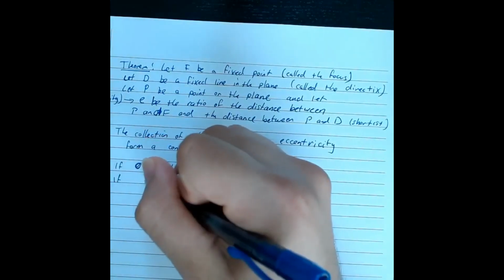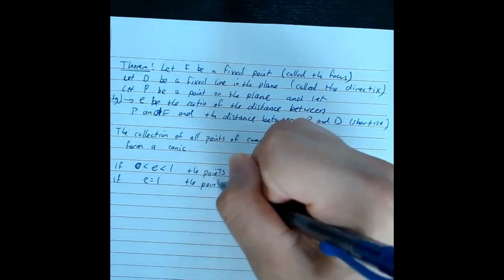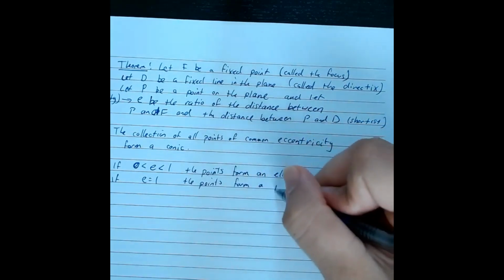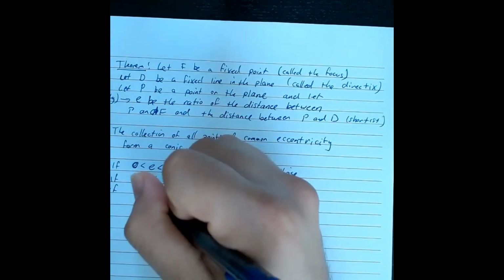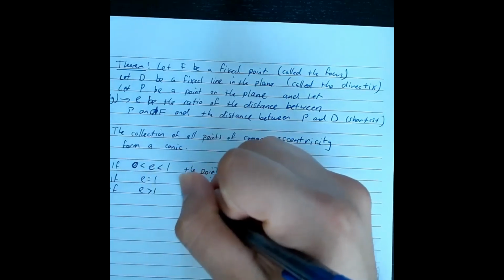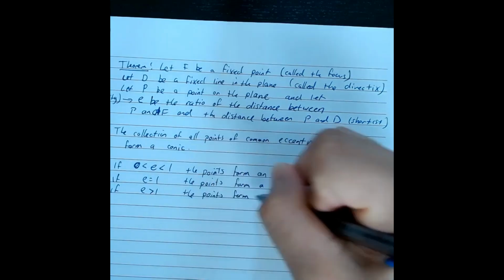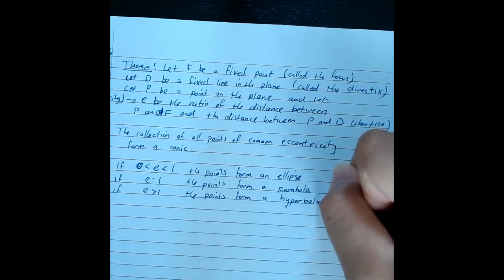If your eccentricity is exactly equal to 1, the points form a parabola. And if your eccentricity is greater than 1, the points form a hyperbola. Just like that.